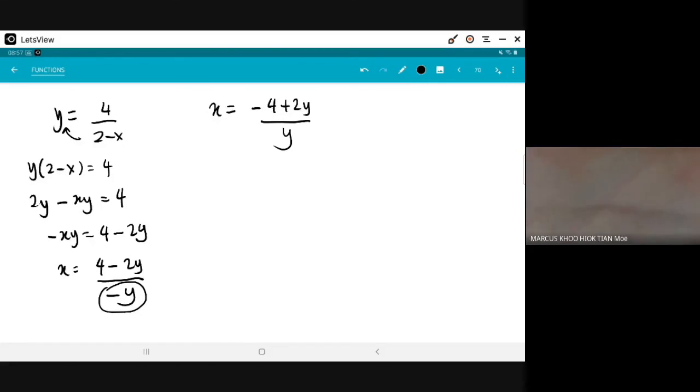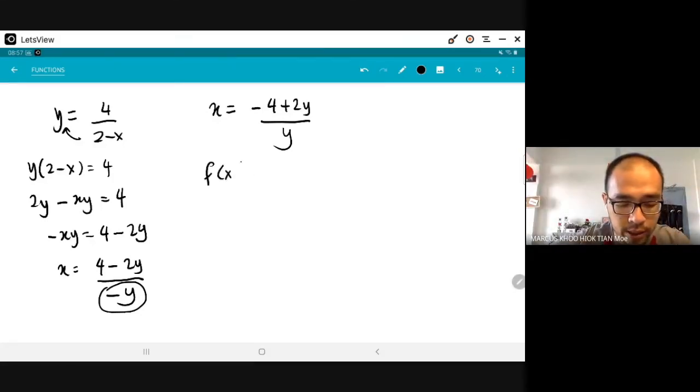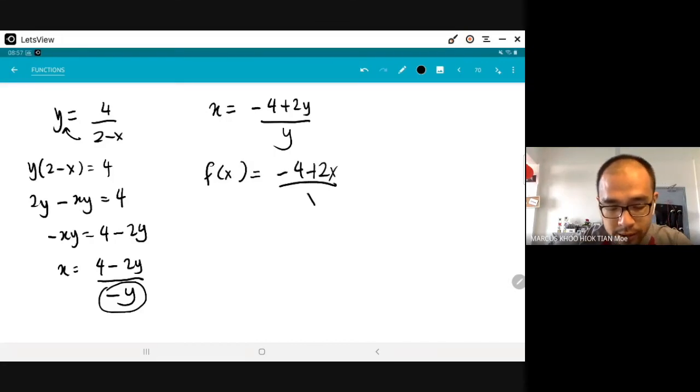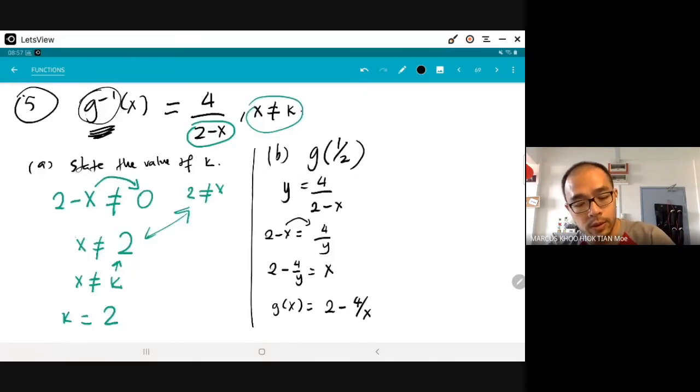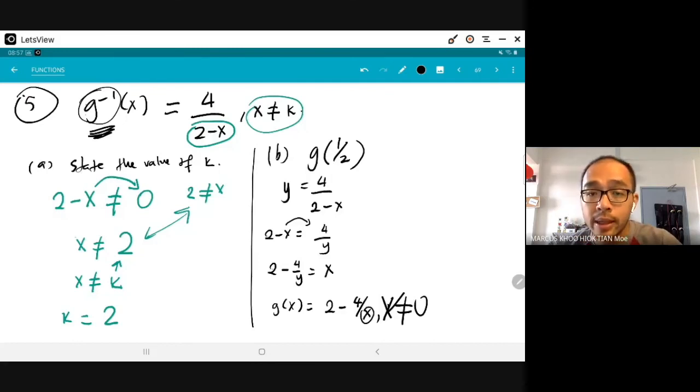And then baru kamu boleh tulis the function of g(x) equals to minus 4 plus 2x over x, di mana x tidak boleh sama dengan sifar. So either this one atau this one, dua-dua pun diterima ni actually. Tapi of course ini kau mesti tulis x tidak boleh sama dengan sifar lah, so ada x di bawah sini kan. But either way also can.